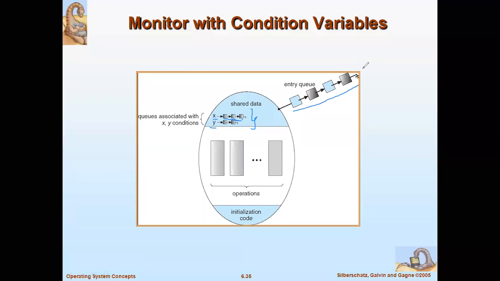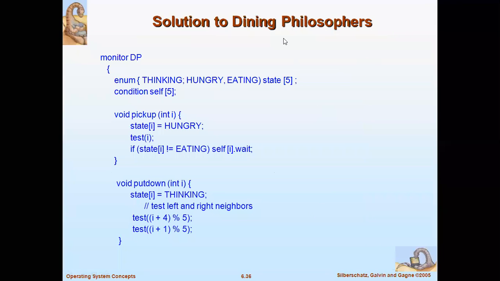Now we will provide a solution to the dining philosophers problem through monitors. Here we have the code written for the dining philosophers problem through monitors. Monitor is a construct and DiningPhilosophers is the name given to the monitor. Here you have an enum structure with three values: thinking, hungry and eating, and we have an array of five philosophers.